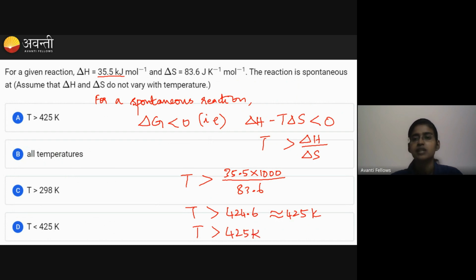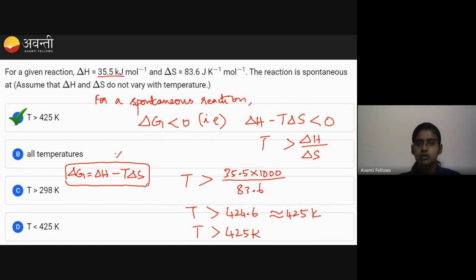So option A is the correct answer. Just use this relation, delta G is equal to delta H minus T delta S, to get the answer for this question. Which is a very important relation.